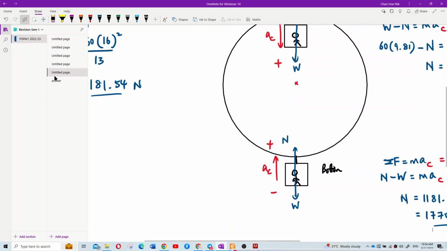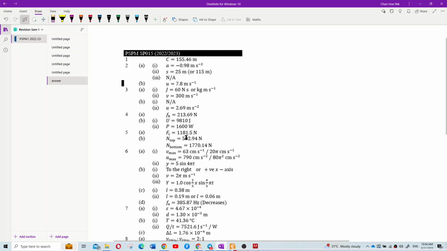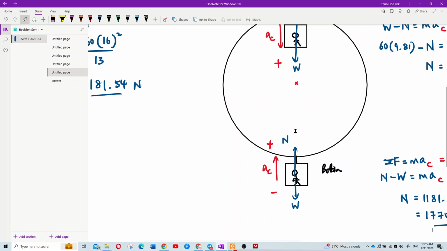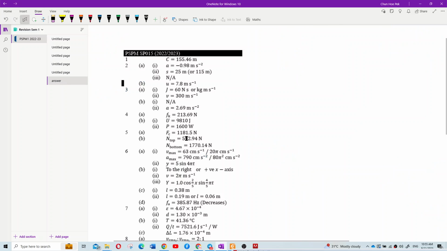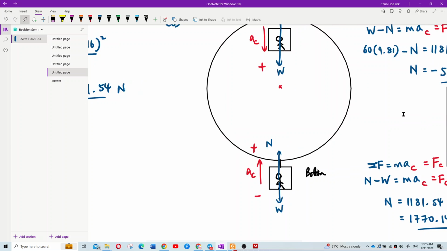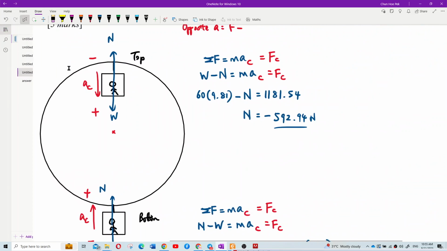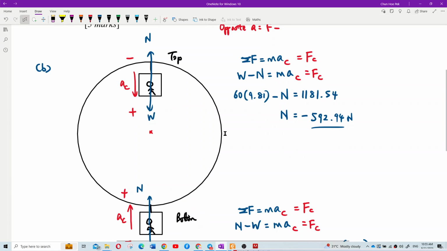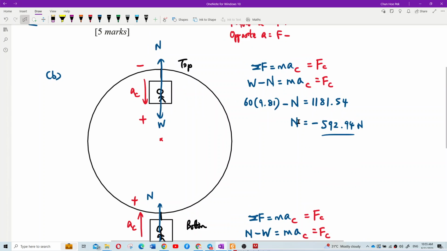Actually, class, this question has errors. For the top one I got a negative value, 594.94. Maybe they ignored the negative, but actually you cannot ignore the negative.